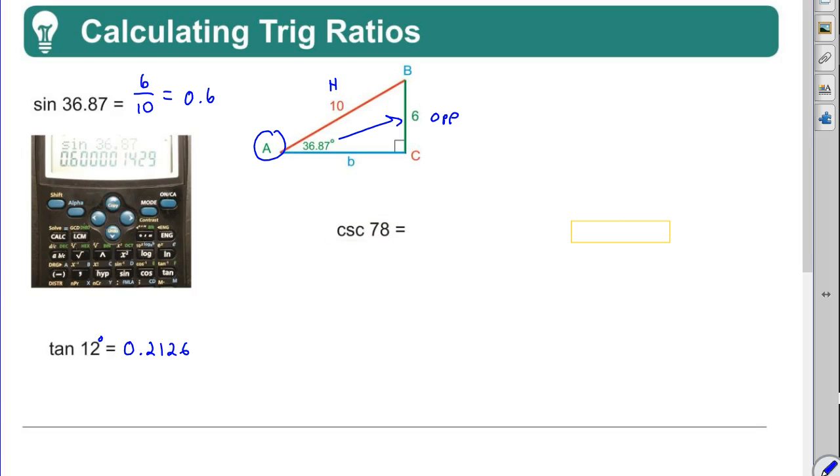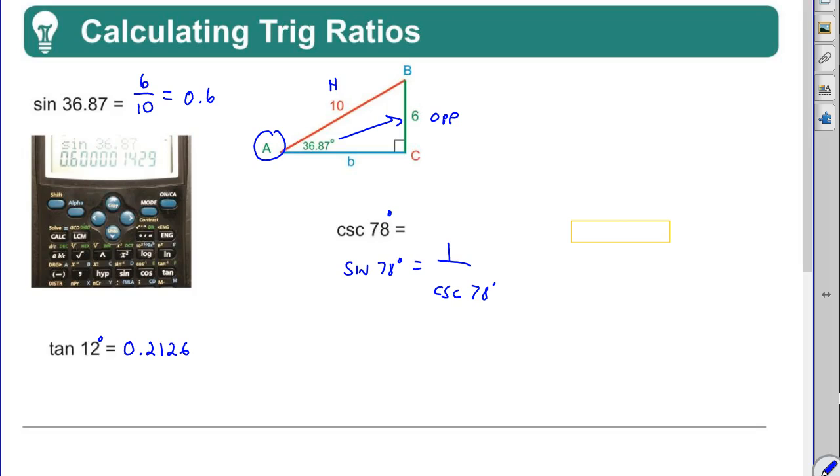Cosecant of 78 degrees. Now you have to remember that we don't have a cosecant button on our calculator. So what is the reciprocal ratio for the cosecant? Hopefully you remember it's the sine. So remember, the sine of 78 degrees will equal 1 over the cosecant of 78 degrees.